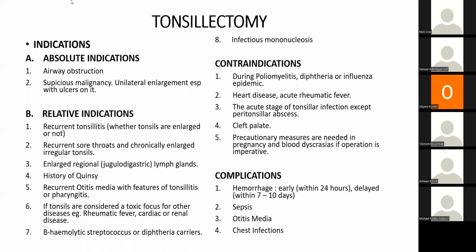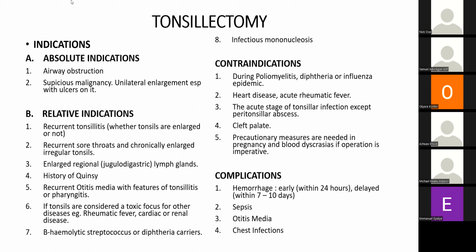continue. So we have the relative indications, like I said, a history of quinsy. That is when one has 2 episodes of peritonsillar abscess. It's a relative indication for tonsillectomy. When there is recurrent otitis media with features of tonsillitis or pharyngitis, if tonsils are considered a toxic focus for other diseases. So if the tonsils are one of the determinants for other related cardiac or renal conditions, a tonsillectomy may be suggested.